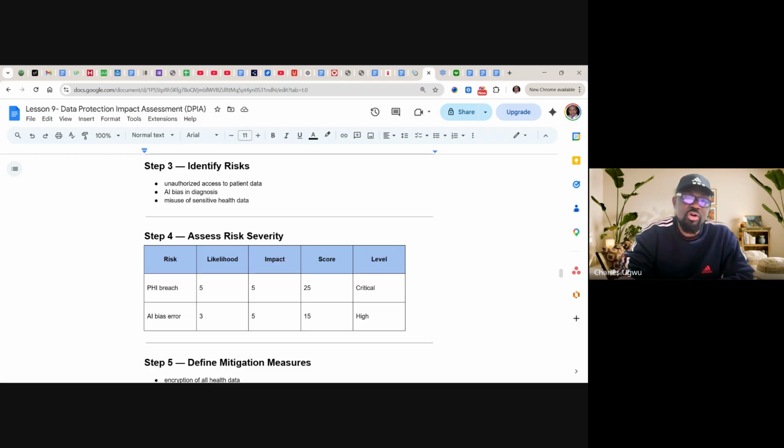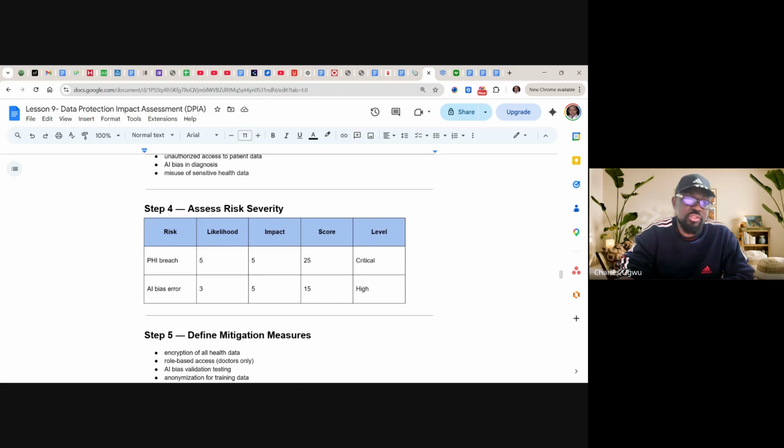So the risk score is 25, and because it's 25, the level here is critical. And AI bias error, we say likelihood 3, impact 5, the score 15. So the level here is high. So critical and high risk. That's what is involved in this.